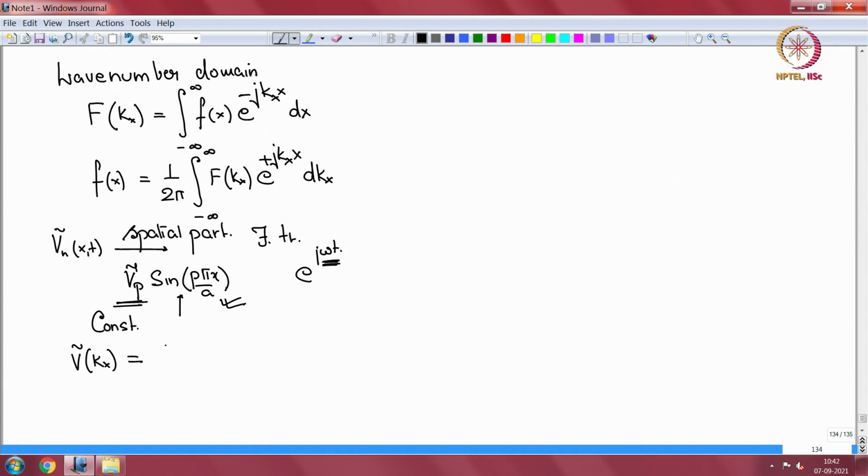Now if we apply the Fourier transform to this, we will get v tilde of kx is equal to v tilde p, pi by a, minus 1 to the power p e to the power of minus j kx a minus 1, divided by kx square minus p pi by a whole squared.